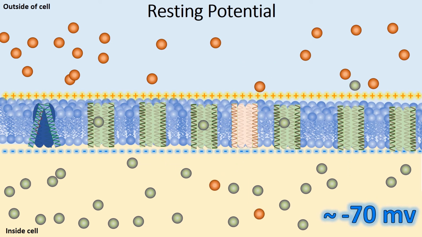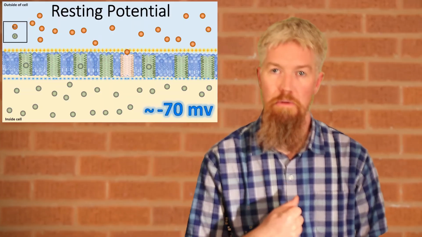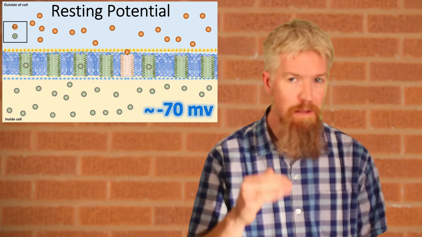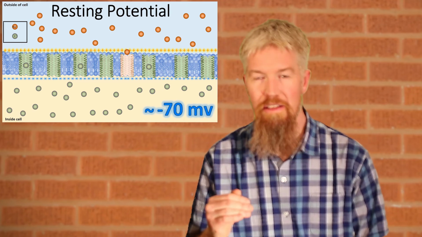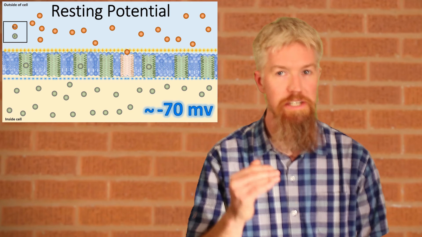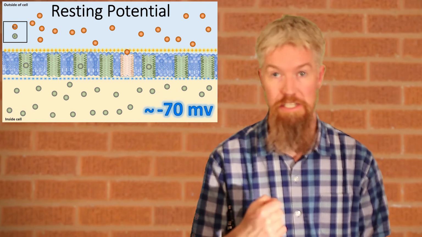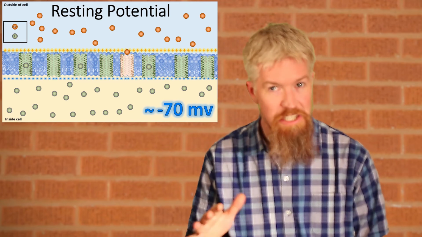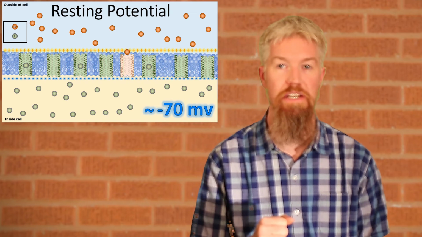Next, we do have some level of sodium coming into the cell due to the open ion channels, being balanced by a net movement of potassium out. All of this taken together means that the charge across the membrane is something closer to zero than would have been predicted by the Nernst equation with just the potassium channels open, hanging out at somewhere around minus 70 millivolts.